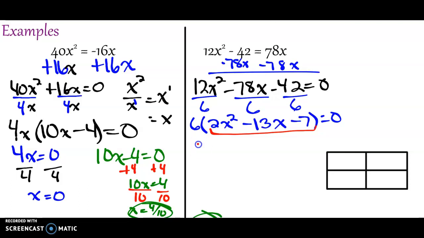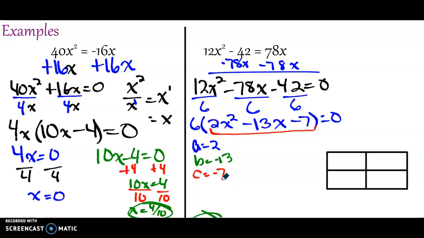So we identify A equals 2. B is negative 13. And C is negative 7.